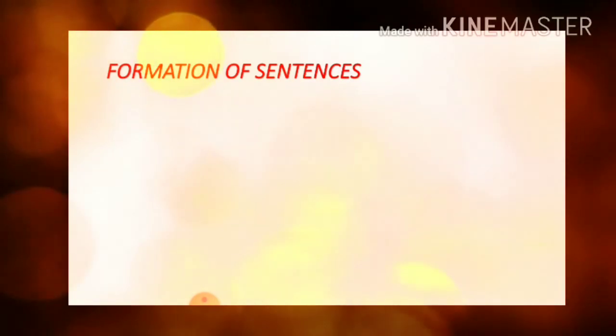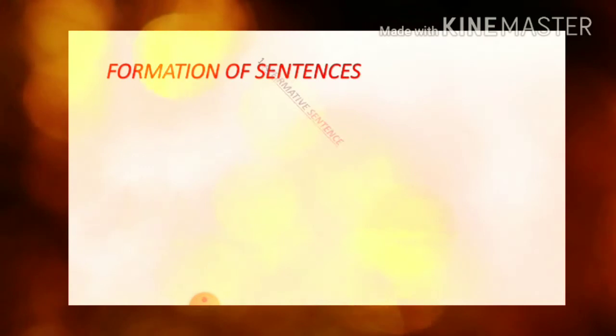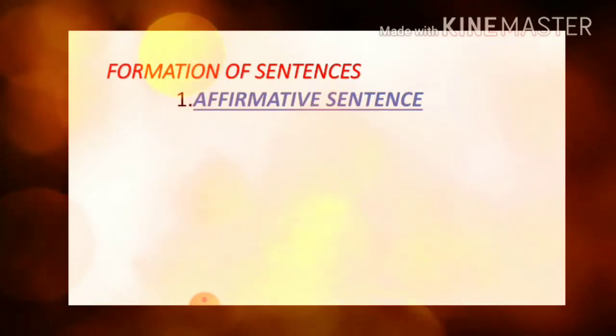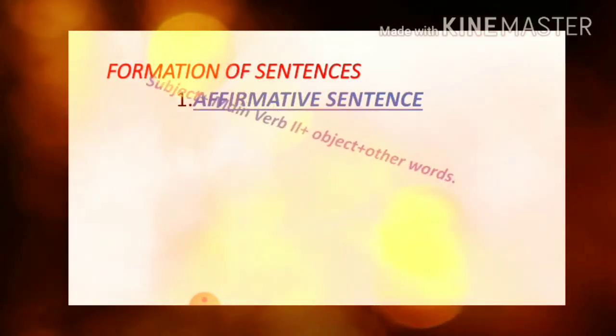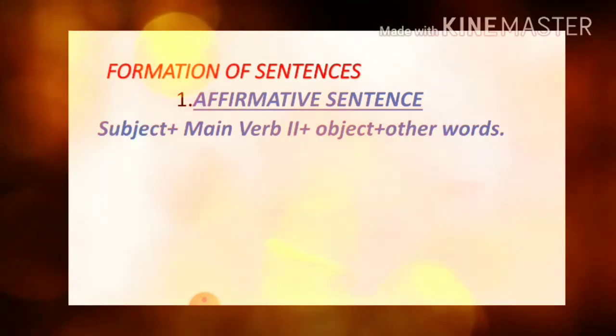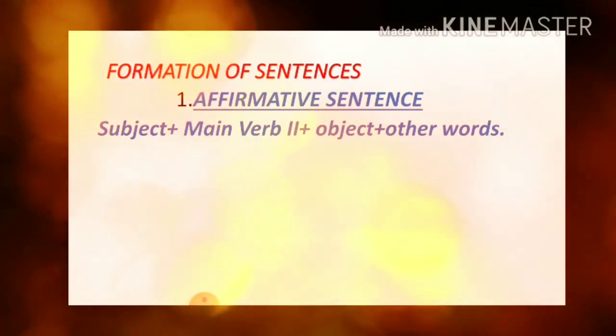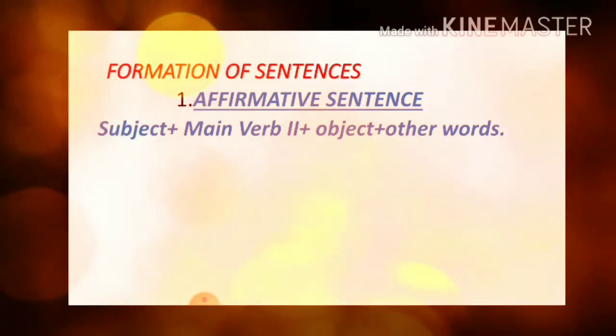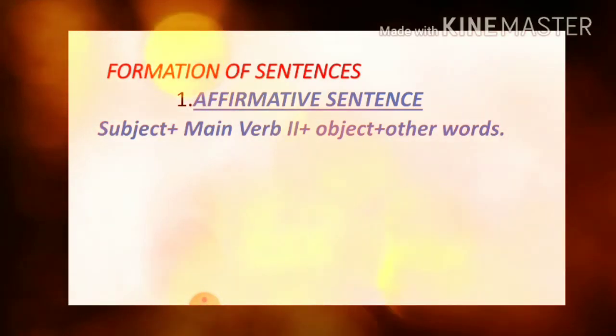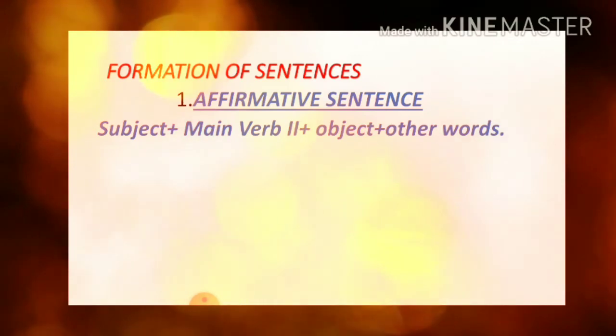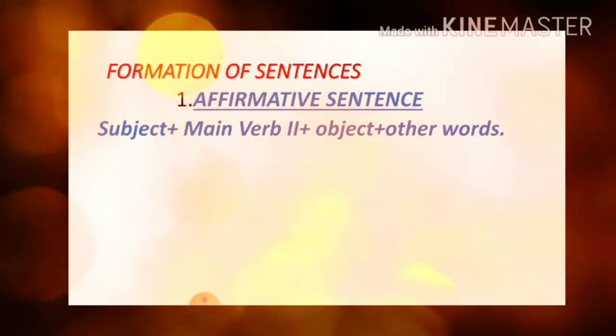Now we are going to start the structure of sentences. How will you form sentences in this tense? As you know, the first kind is the affirmative sentence, so we are talking about this. Subject, main verb in the second form. So there is no confusion about the subject being first person, second person or third person, as with all subjects the main verb in the second form is compatible.